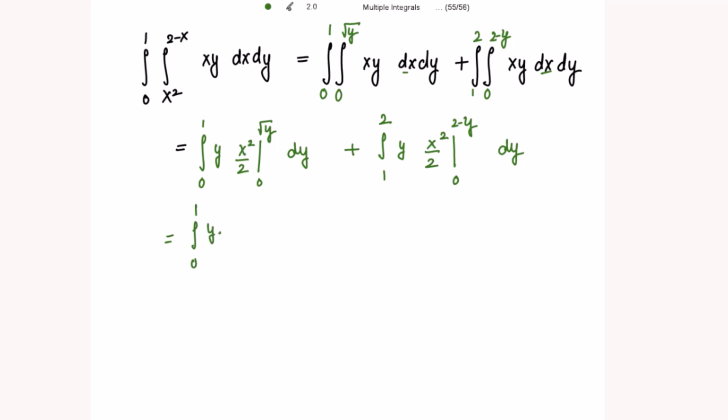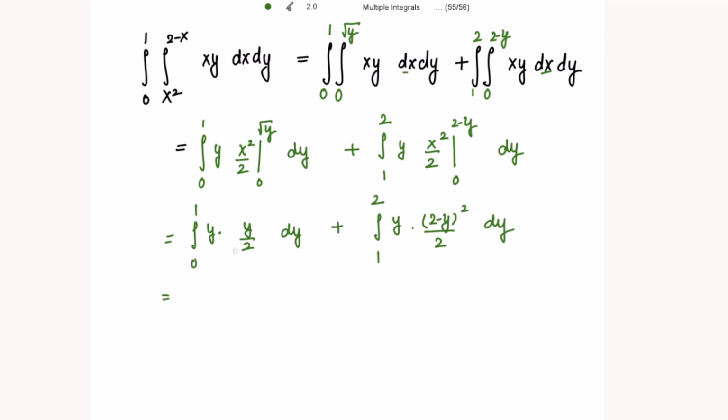So x square, putting the upper limit square root of y, it becomes y over 2 minus putting 0, I get 0. And now putting the value as 2 minus y here, it is whole square over 2 and then 0, it will give 0.